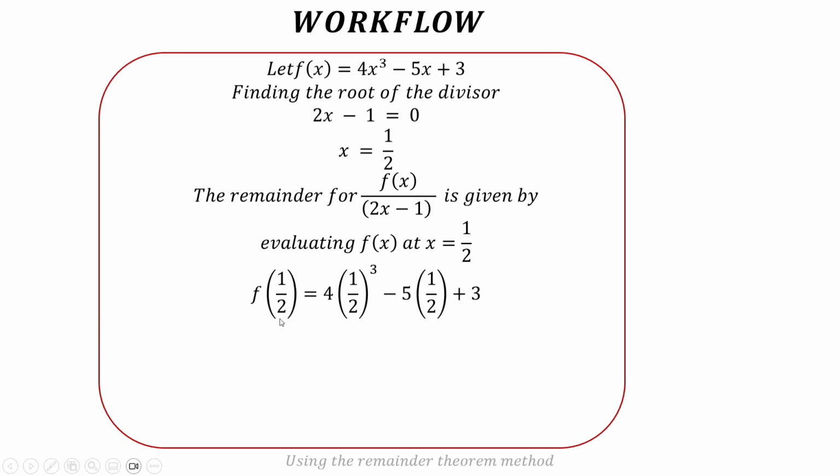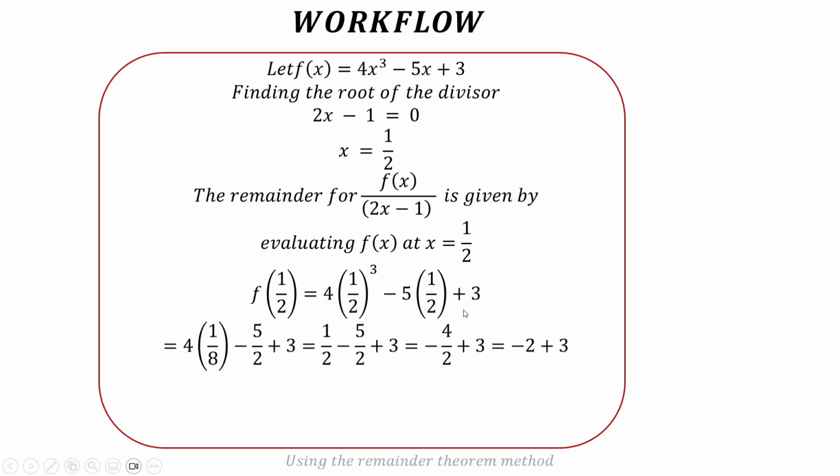So f of half will be, by replacing every x we see in f of x with half, we end up with this expression. Okay, so you can proceed to simplify further. If you are doing an objective exam, you can just type this into your calculator and it gives your final answer straight away, which is 1.